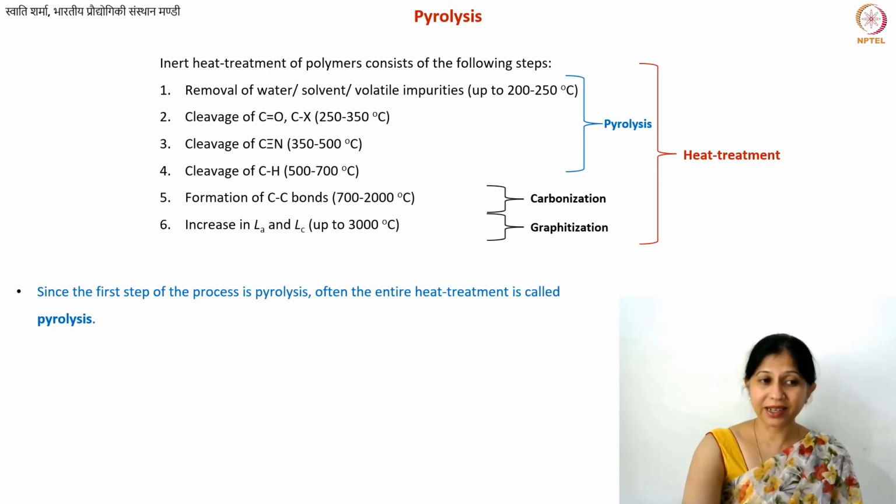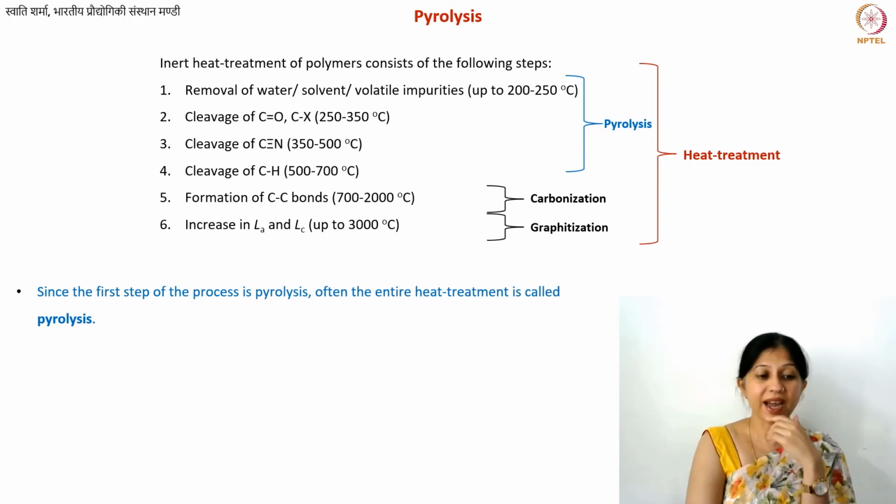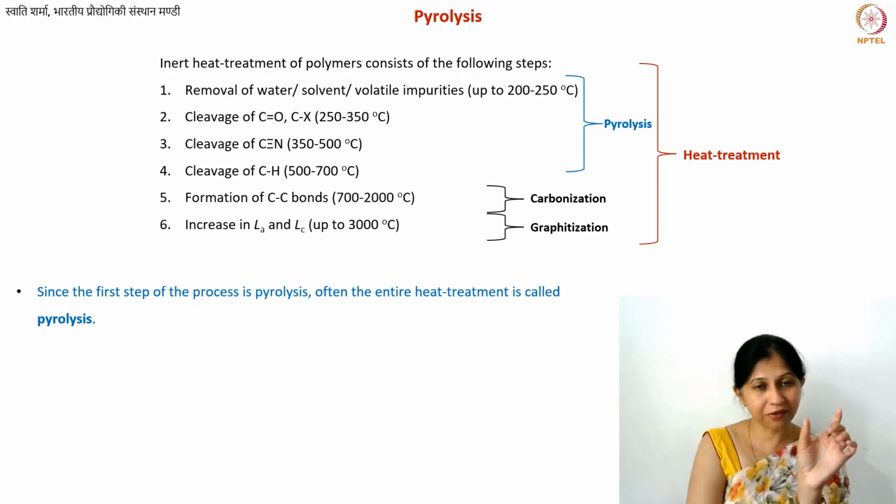One more reason for that is that during pyrolysis, you can actually make a lot of changes. For example, at a certain temperature, you see that your polymer has a lot of oxygen in it, so you want to get rid of all of that. You know that this is the window where oxygen is leaving the material.